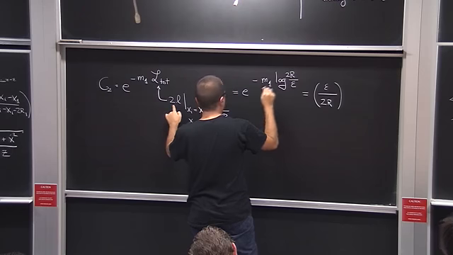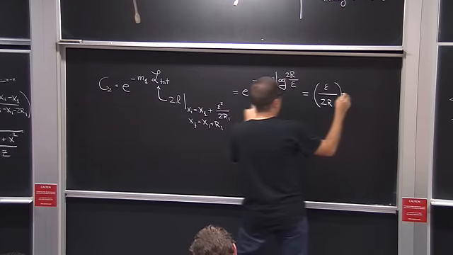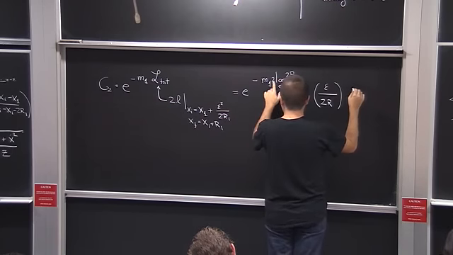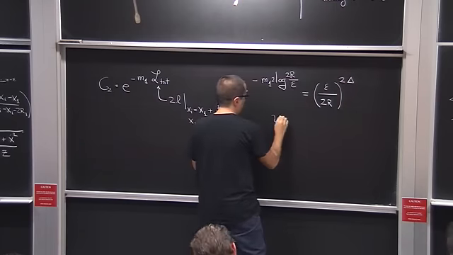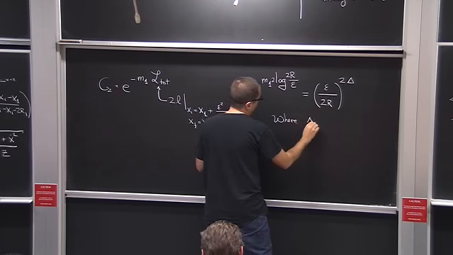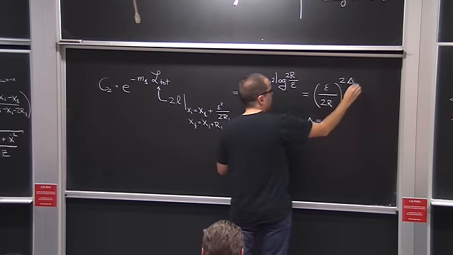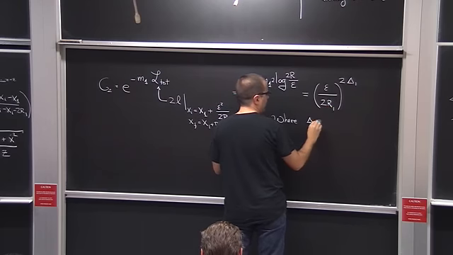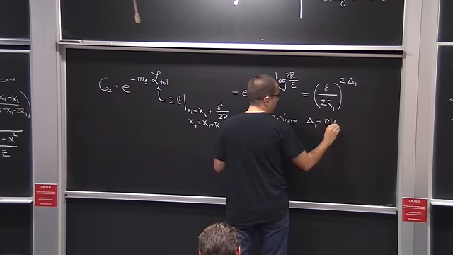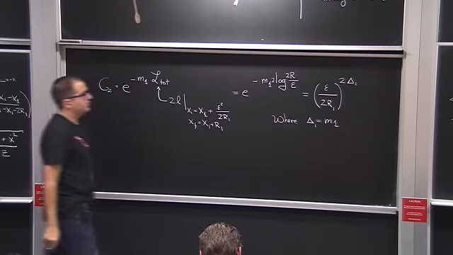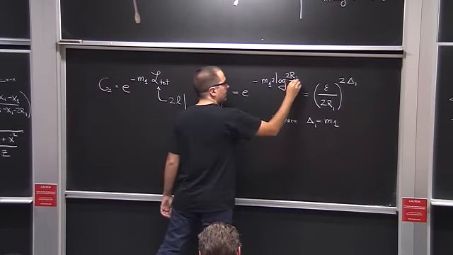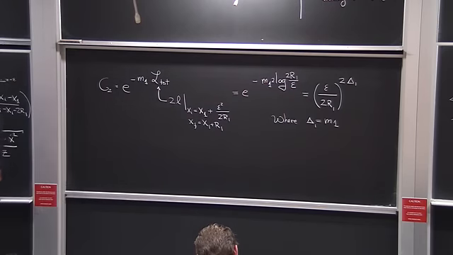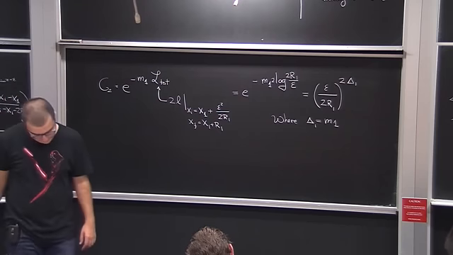Actually, there is a 2 here. To the power 2 delta, where delta 1 is equal to m1. And here it's r1. Let me confirm that I did no mistake.